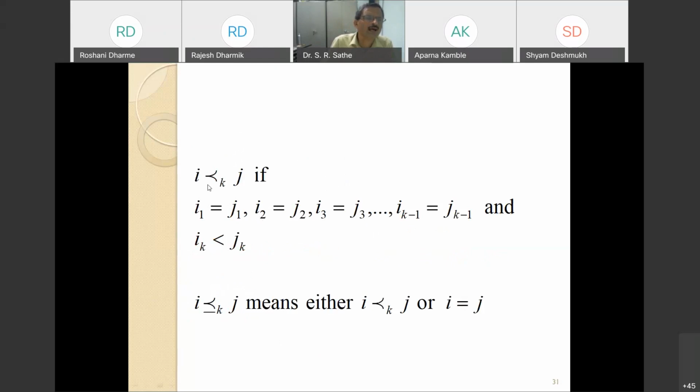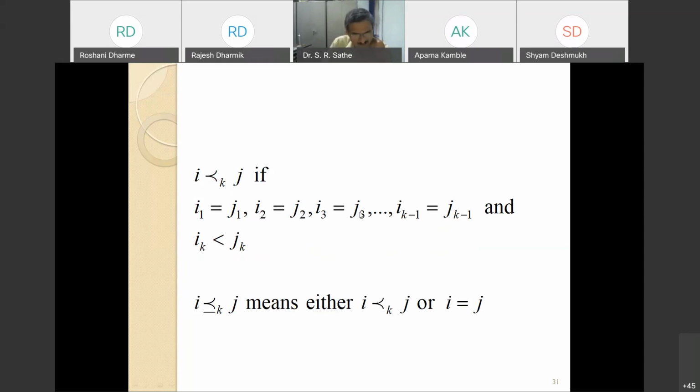We say a vector I is less than vector j at k, if in these two vectors I1 equals j1, I2 equals j2, but ik is less than jk. So vector I is less than vector j at k if the kth entry of I is less than the kth entry of j.